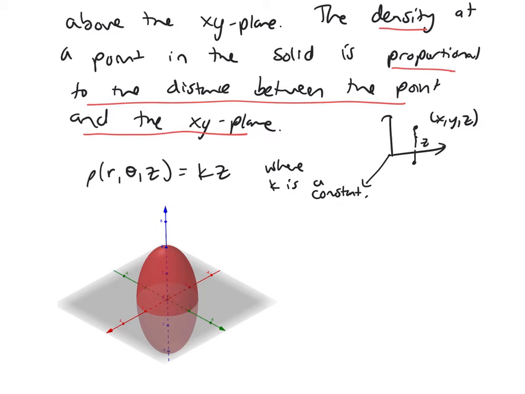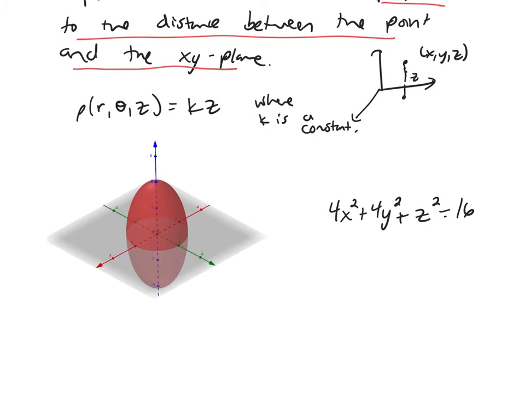So let's take our equation, which was 4x squared plus 4y squared plus z squared equals 16, and we want to convert that to a cylindrical equation. If I factor out a 4 here, then I'll see that x squared plus y squared is r squared.